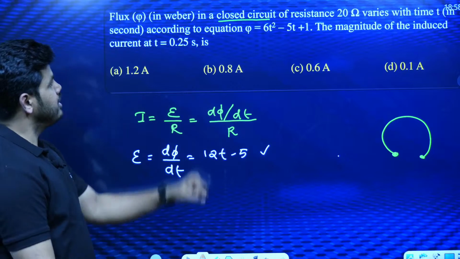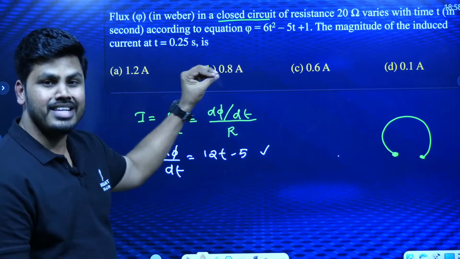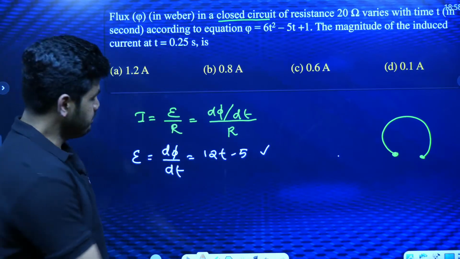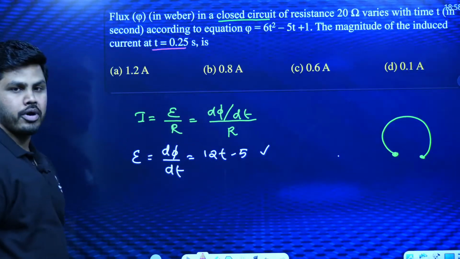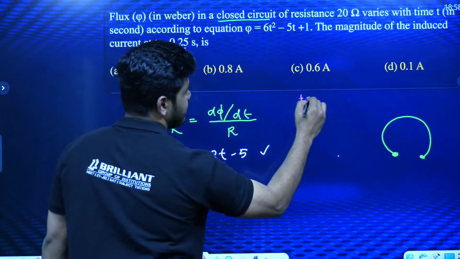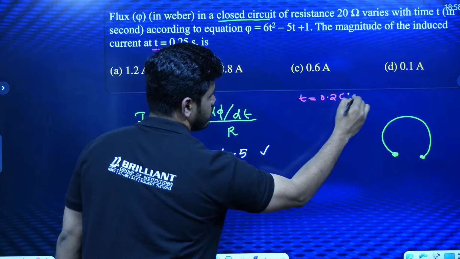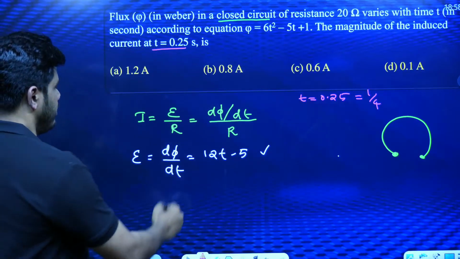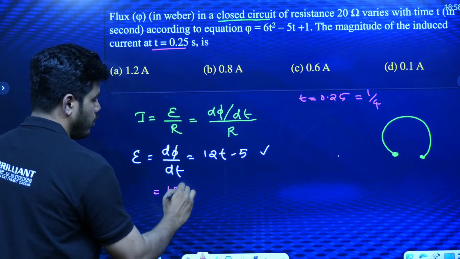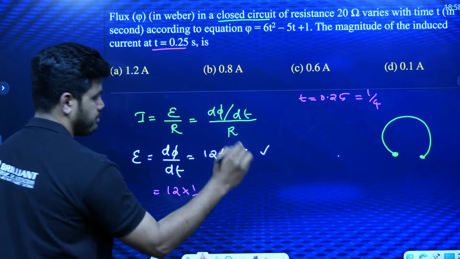Now, what will be the induced EMF at an instant of time? That is what is given. What is the instant given? Time t is equal to 0.25, which is nothing but 1 by 4. So we can say 12 into 1 by 4 minus 5.